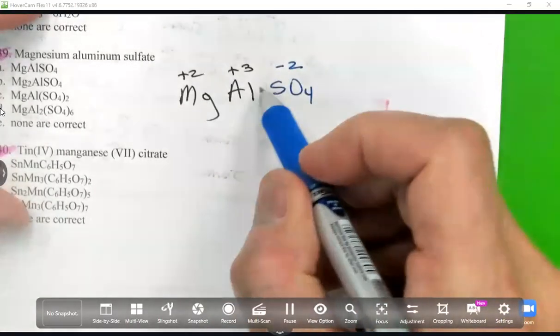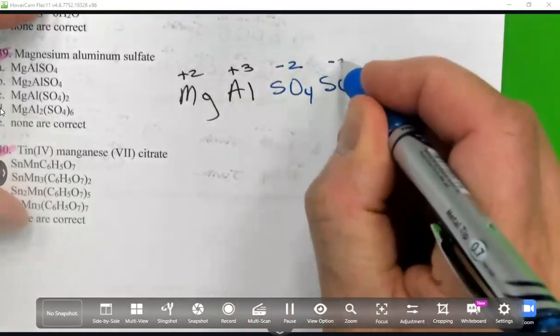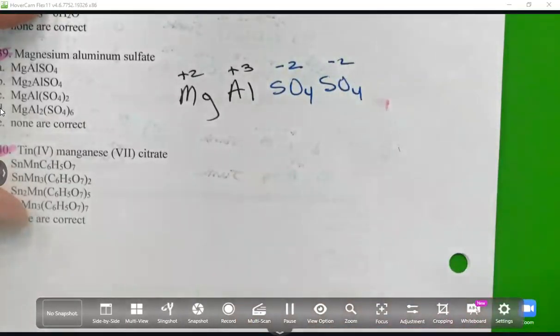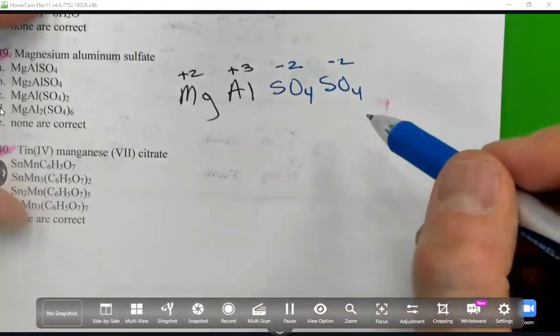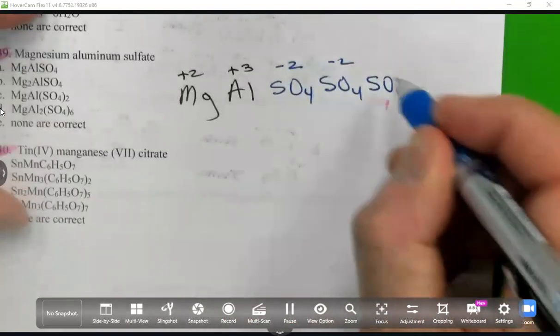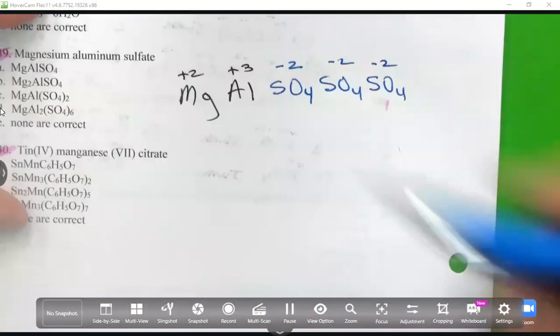Well, I've got a +5 so far and a -2. Let's put a -2 in there again. I've got a +5 now and a -4. Let's put another sulfate in there. A -6 and a +5.